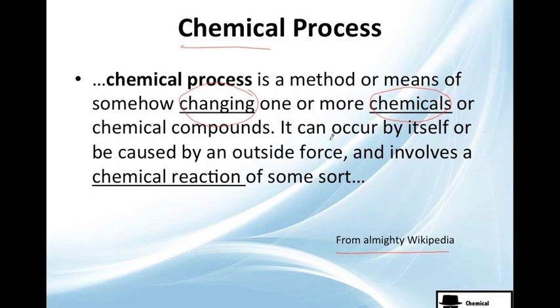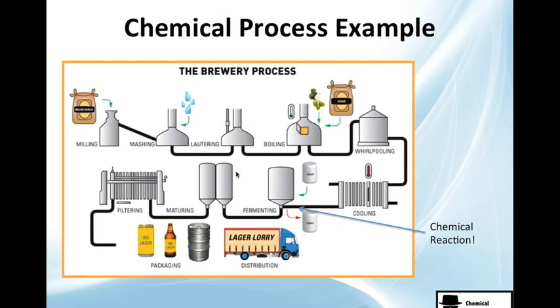It can occur by itself, though that's not normal, or be caused by an outside force, which we are going to give. And it always involves a chemical reaction. If there's no chemical reaction, it is not a chemical process. Okay? So just learn this: change of chemicals, outside force, and it involves a reaction. If you understand that, you are going good.